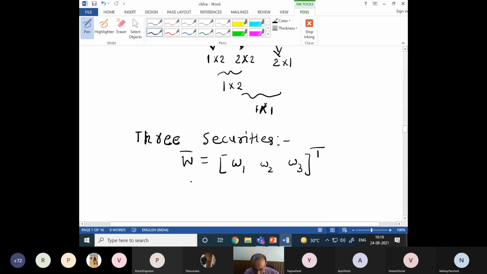Sum of Wi is always 1, remember, where i is running from 1, 2, 3. So this is my weight vector.